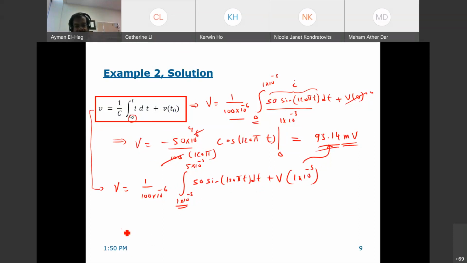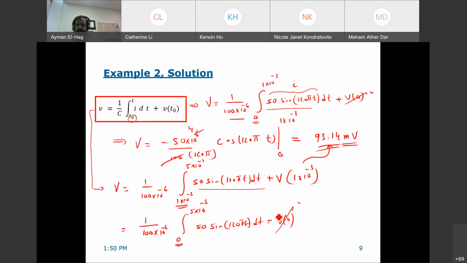Or I can do exactly the same thing, but I will change the limit. Instead of going from 1 millisecond to 5 millisecond, I will go from 0 to 5 millisecond. And again, this will be exactly the same, no change here, 50 sine 120 pi t dt plus v at the initial condition, which is 0.